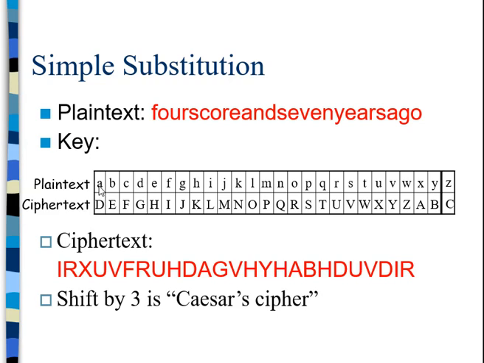For instance, A must be substituted by D, B by E, C by F, and so on. Hence, having a plain text like this one yields a cipher text with Caesar's method, as you can see here.